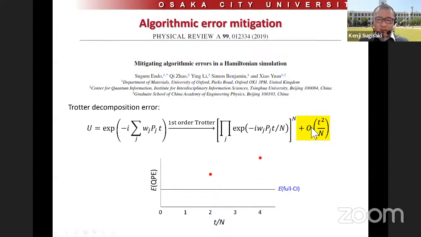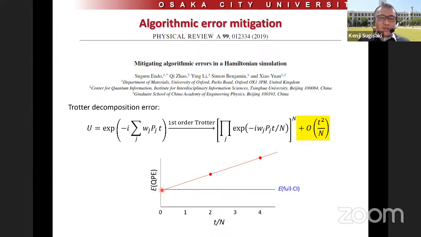So because the error is, roughly speaking, linearly dependent on 1 over n, we can extrapolate the energy result to the zero error limit by using this extrapolation.